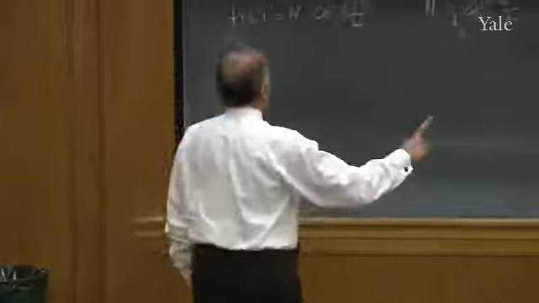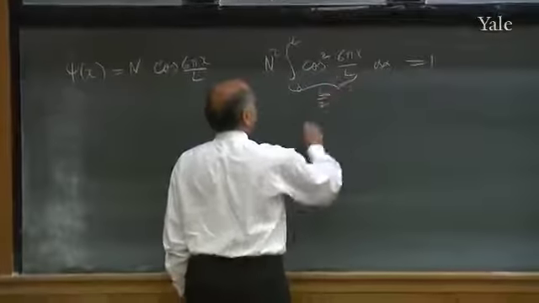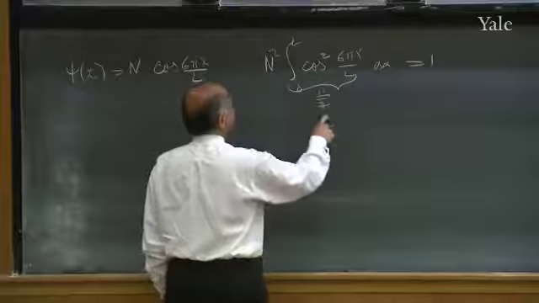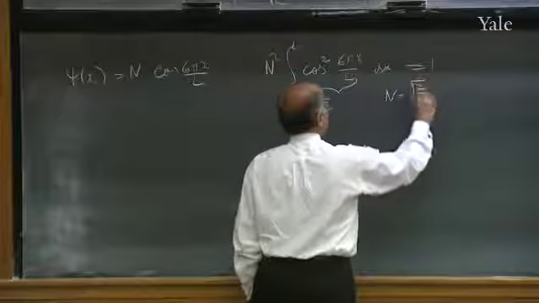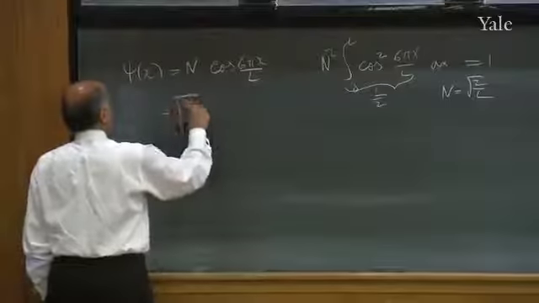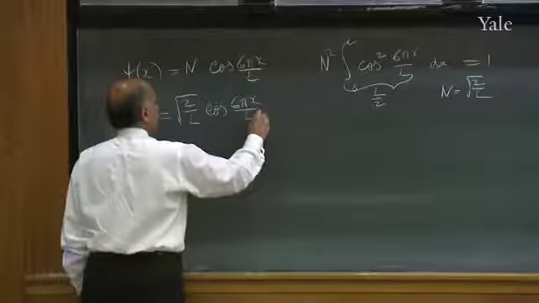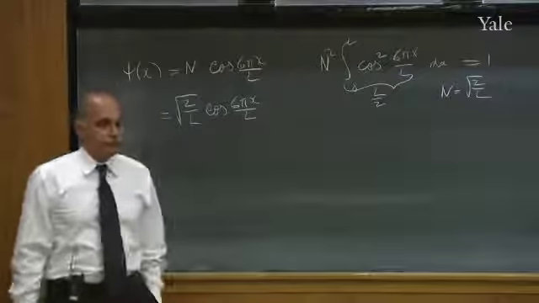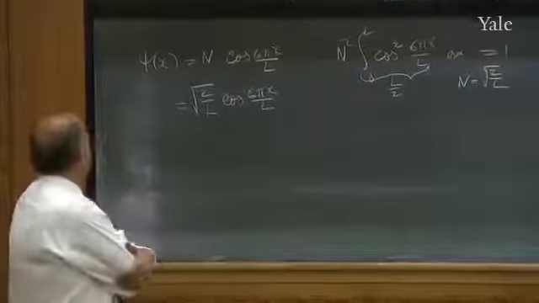That means over a length L, this integral will be L over 2. So you want n squared L over 2 to be 1, or you want n to be square root of 2 over L. So the normalized function looks like square root of 2 over L cosine 6 pi x over L.